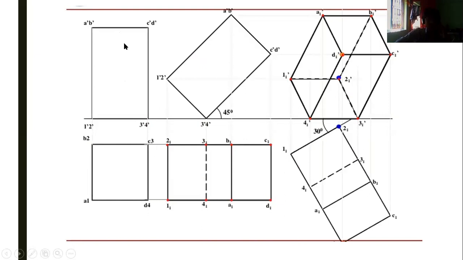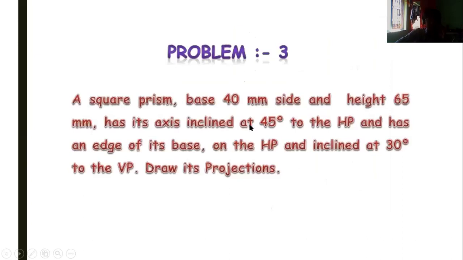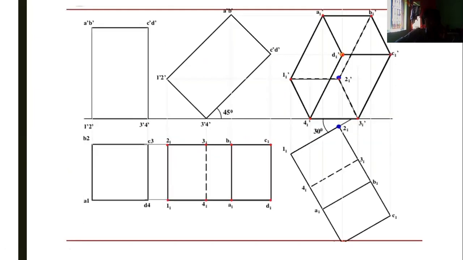Now after drawing these things, first they have asked for a 45-degree angle with HP. If it is a 45-degree angle with HP, then it will be clearly observed in the vertical plane, that is, in the front view. So this is my front view and this is the vertical plane, where I first draw a 45-degree angle.